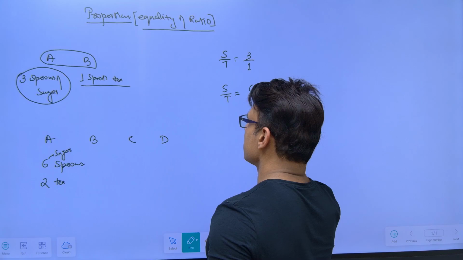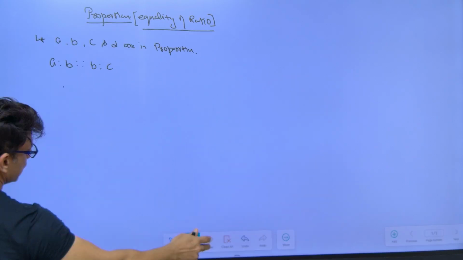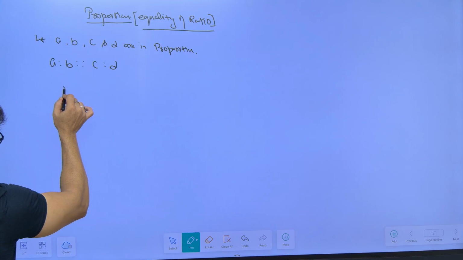We write this as A is to B in proportion with C is to D. You can also write this as A by B is equal to C by D.